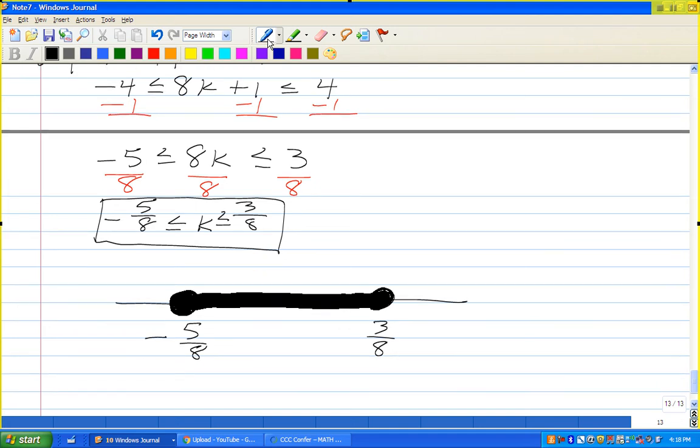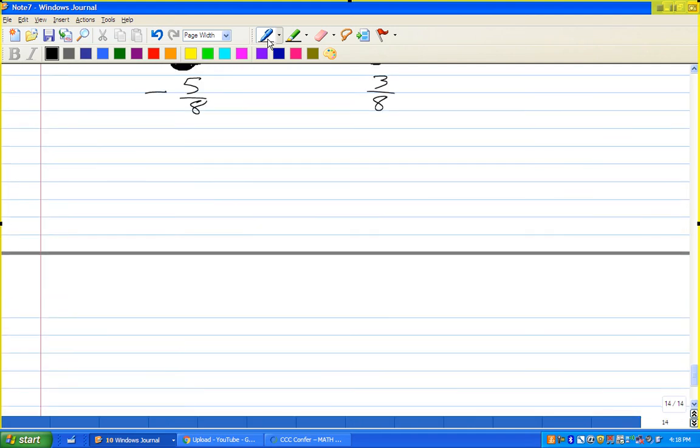Let me do problem number 20. Absolute value of 7k minus 4 is less than negative 7. Well, again, you can't have an absolute value being negative, so there's no way that you can have an absolute value less than negative 7, and so this has no solution.